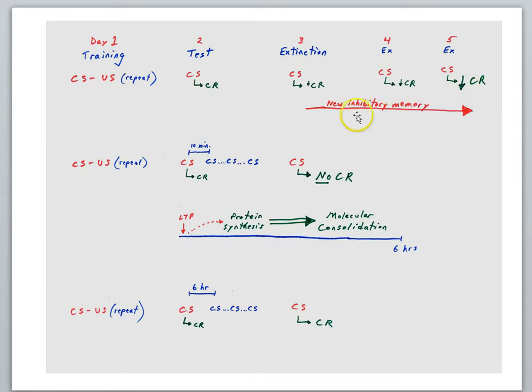Well, what the researchers are going to do is take this kind of extinction procedure, but they're going to perform that procedure at a certain time. And that time is going to be within the window of reconsolidation. So here's what they'll do. Yellow square, shock, right? Then on the next day, they're going to remind the subject of that association by just giving the yellow square.